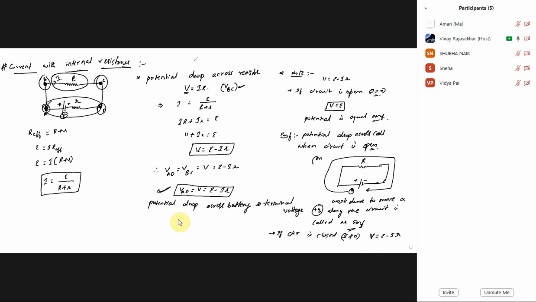So in this equation, I told you I is not equal to 0. If I is not equal to 0, can you tell me, V equal to E, V greater than E, V less than E?